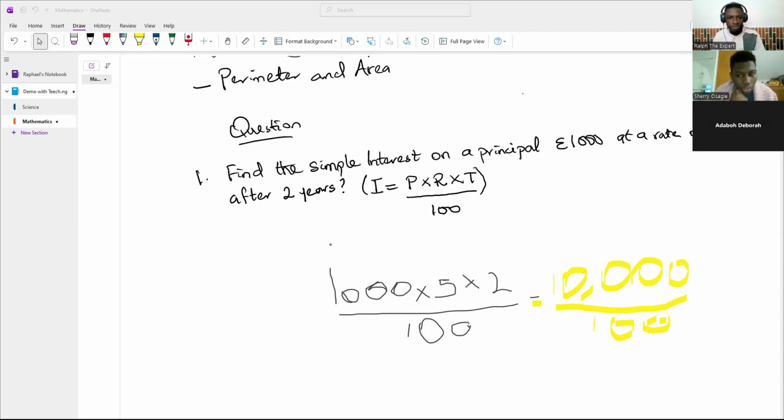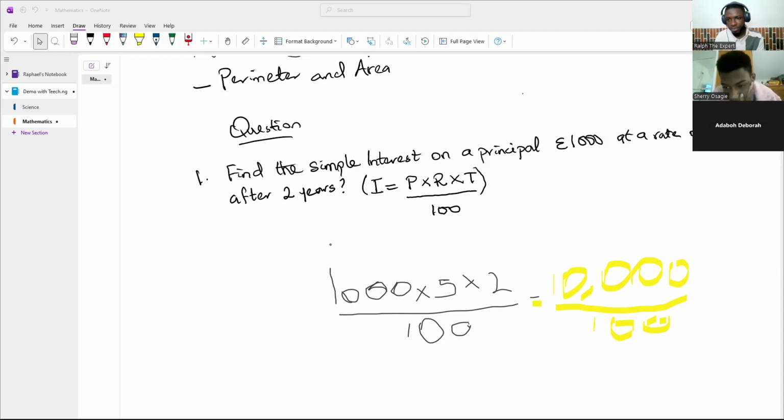I thought I had to fully divide it. You want to divide 100 into 10,000, so you want to remove the two zeros.